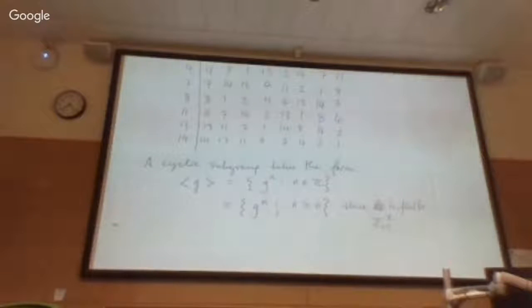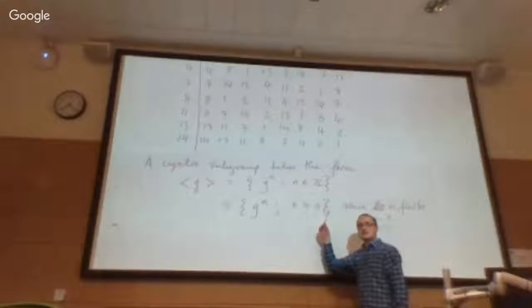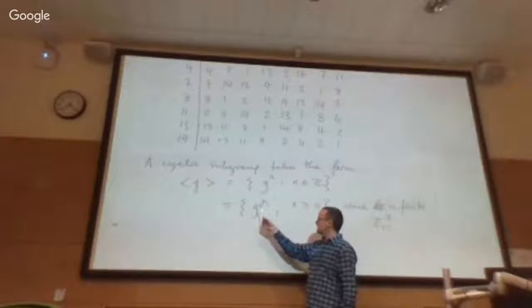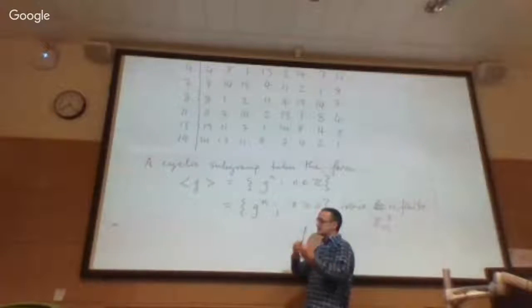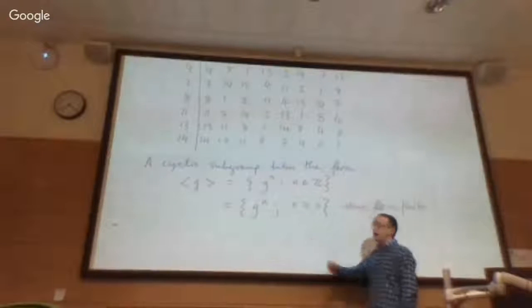But since the group is finite, we can just look at the positive powers, because eventually you're going to come back to the identity element. You have to repeat. So this cycle of elements is going to complete and come back to the identity element. So in this range of positive powers of that element, you will find the inverse of g.